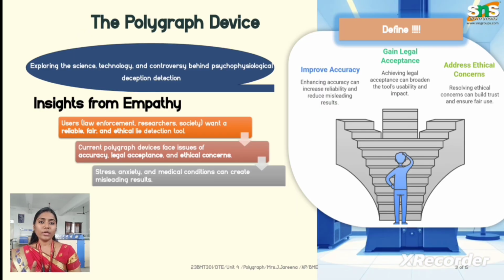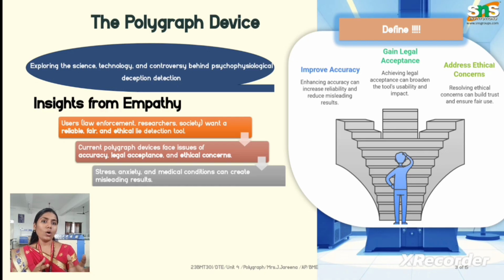Before getting into this main topic, first we should understand the empathy perspective of using such a polygraph device. As human beings, we are very curious about catching lies, right? But actually it is not that easy. It is very hard to identify the person who is telling a lie, because there is no single physiological sign or behavioral change which proves that someone is lying.